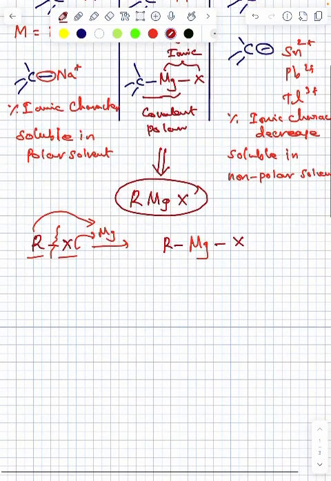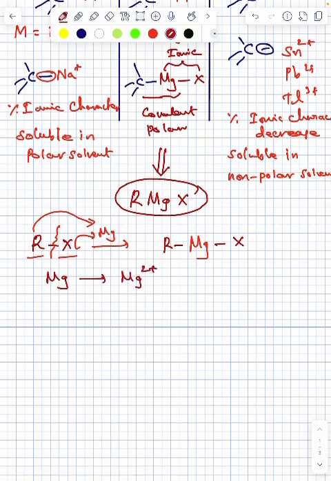How is it possible? You know very well, magnesium loses 2 electrons and becomes magnesium 2 plus. So when you take the alkyl halide, under homolytic cleavage it produces a single electron on the alkyl group and another single electron on the halide group.